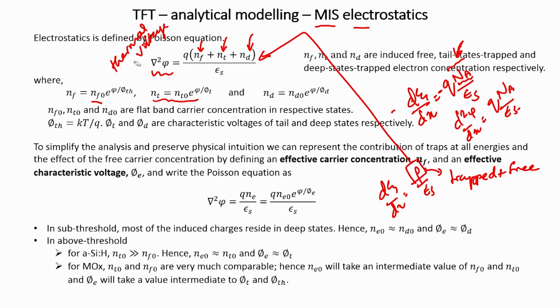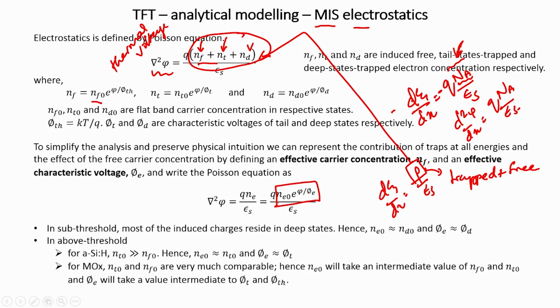So, using these 3 terms, one can write out Poisson's equation and solve it in all its detail. But for the purpose of these slides, we have merged all 3 exponentials and defined an effective carrier concentration and an effective characteristic voltage, and written the sum of these 3 terms as simply this particular exponential.